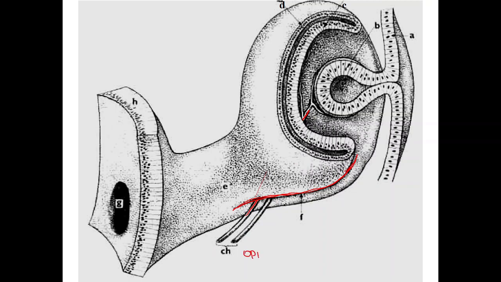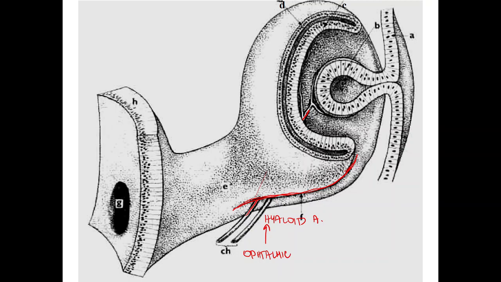So we have the ophthalmic artery. The branch of ophthalmic artery is hyaloid artery, which is going through the fissure. It's going inside to the eye, and it's supplying the lens, the developing lens, which is here, the hyaloid artery.